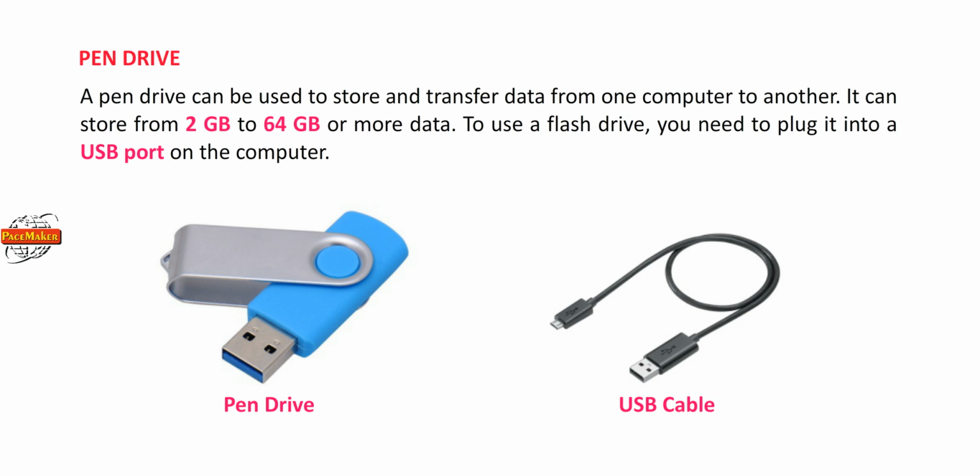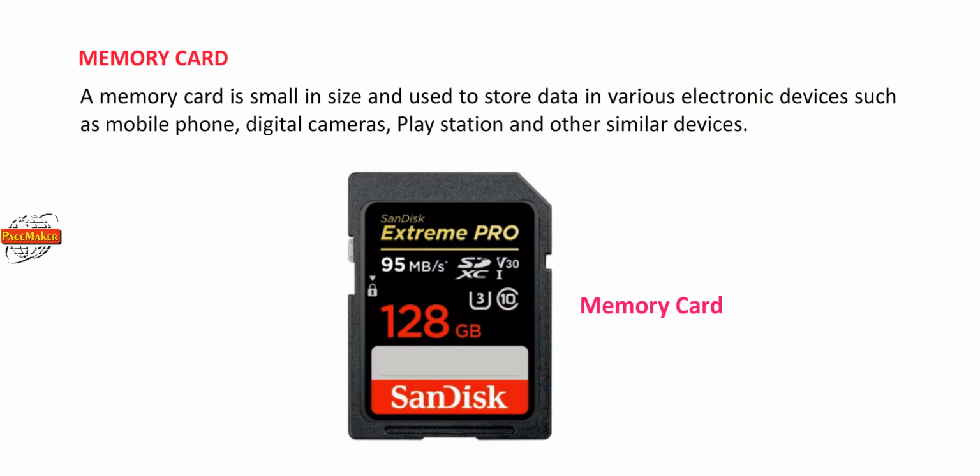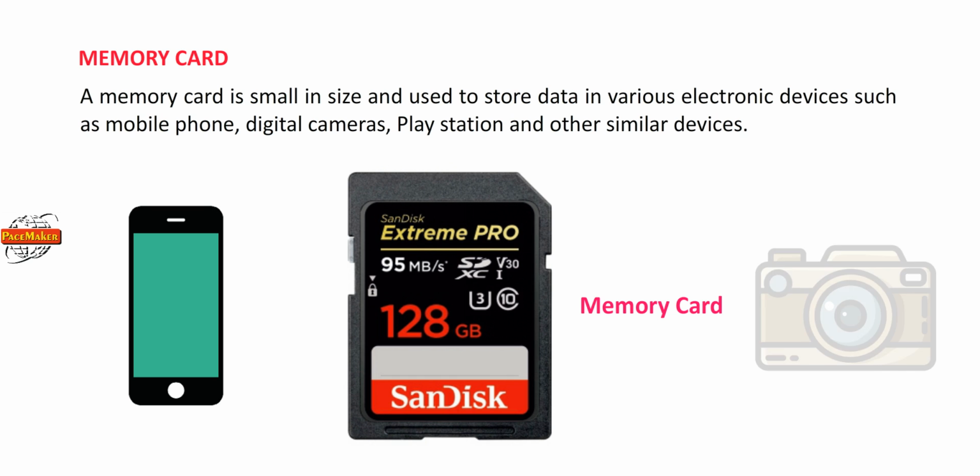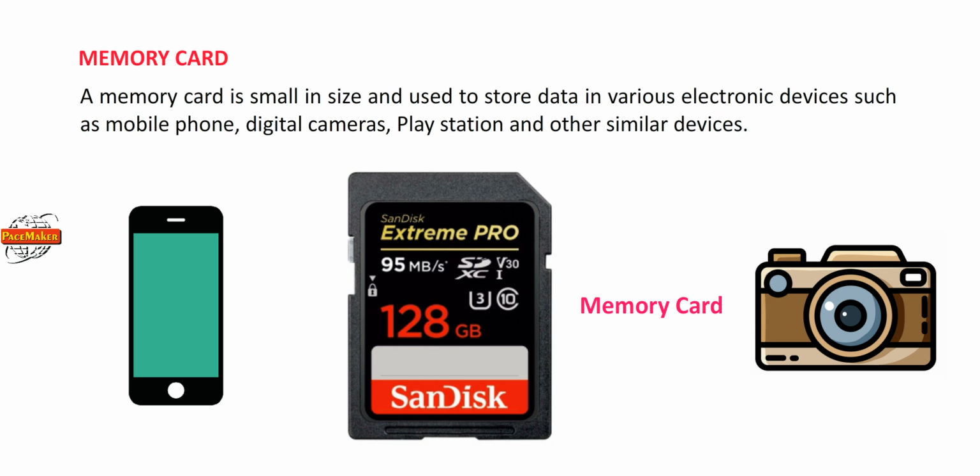To use a flash drive, you need to plug it into a USB port on the computer. Memory card. A memory card is small in size and used to store data in various electronic devices such as mobile phones, digital cameras, PlayStation and other similar devices.